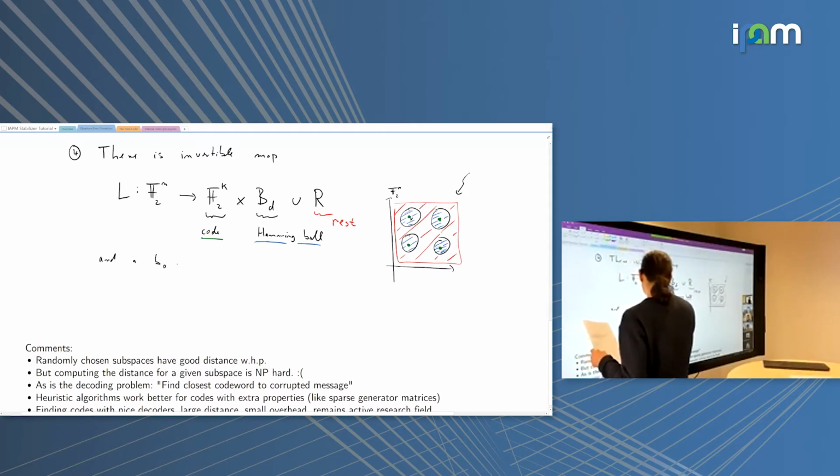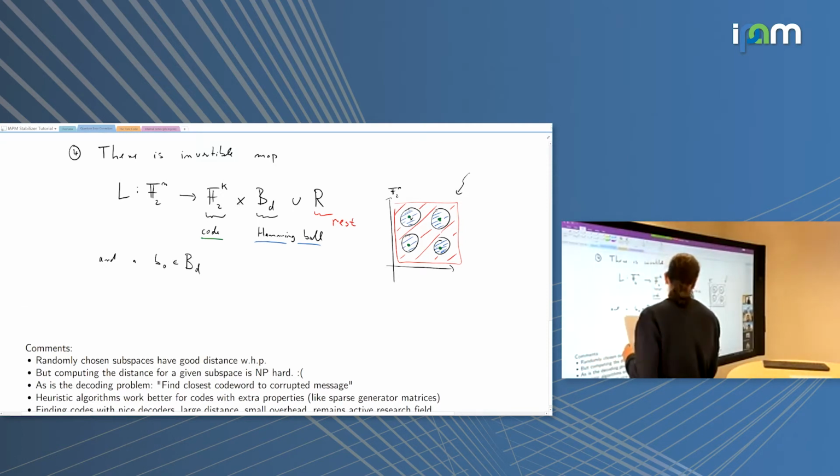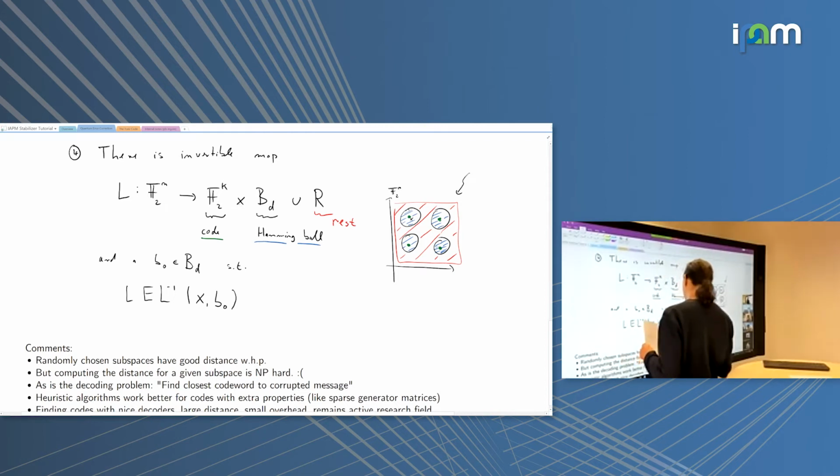Let's call it B naught in the unit ball, and this B naught should correspond to the center, such that if I take an error operator and I express it in these coordinates and I let it act on a code word that is undisturbed, so B naught is the center of the ball, that means no disturbance, then the effect of the error is to just change the point in the unit ball, but not change the code word.